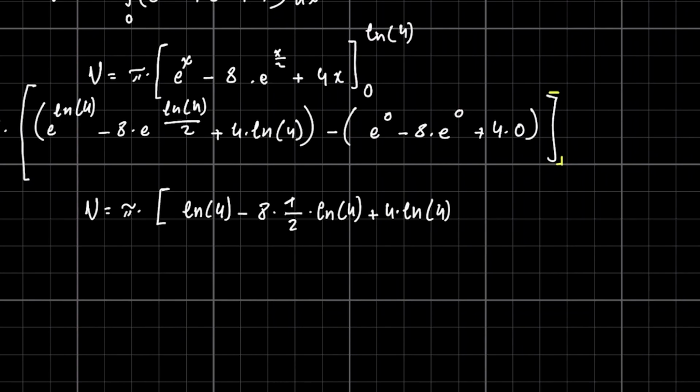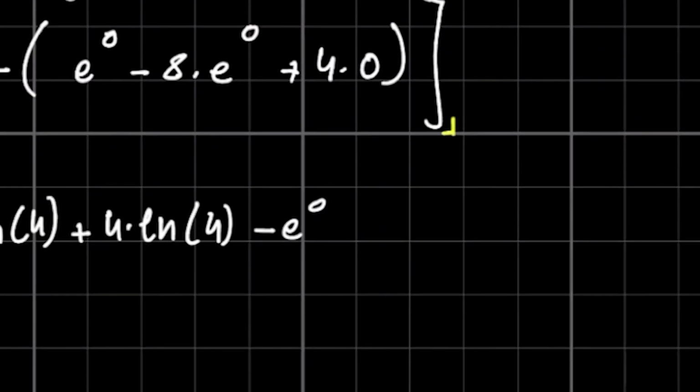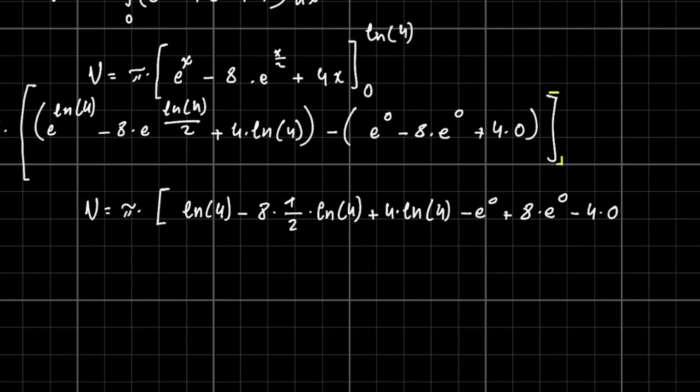So I'm gonna have minus e to the power of 0 plus 8 times e to the power of 0, and then minus 4 times 0. 4 times 0 is 0 anyways, and e to the power of 0, that's just basically going to give me a 1, so here minus 1, and 8 times e to the power of 0, which is 1, is going to be 8 times 1, which is basically just 8.